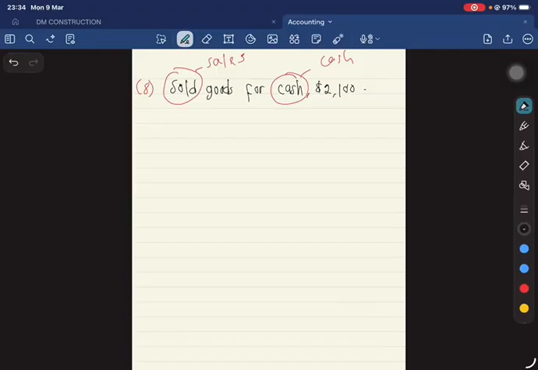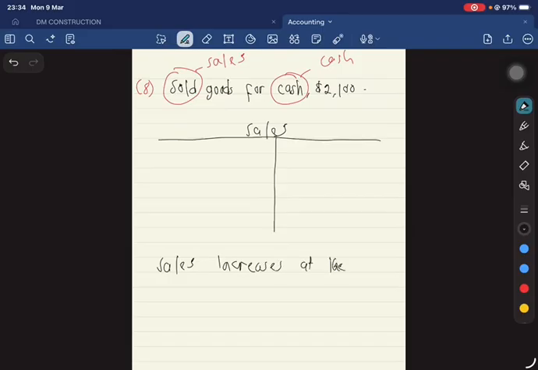So the sales account, now let's take the accounting rules regarding sales. We said sales increases at the credit side and decreases at the debit side.